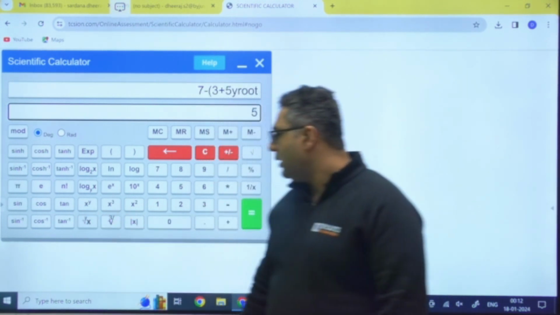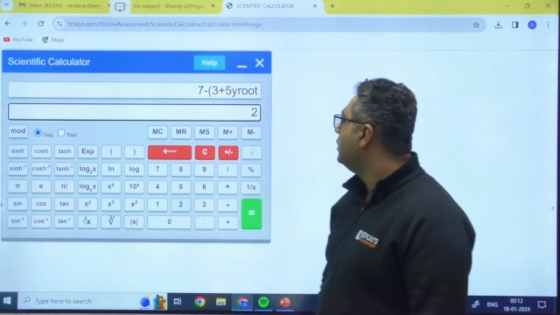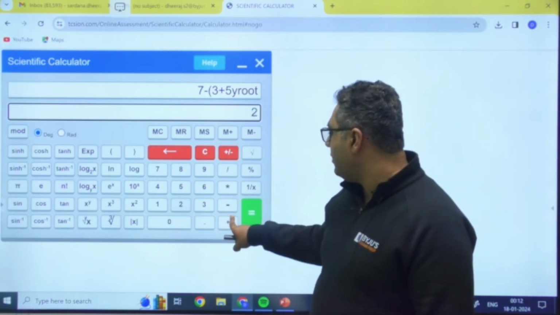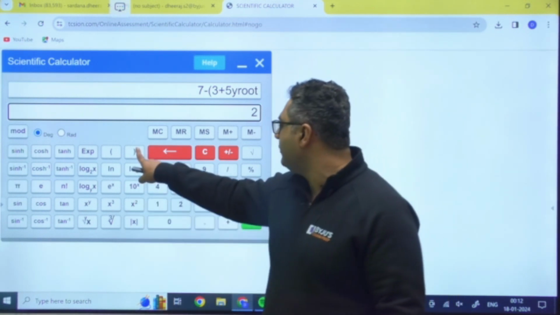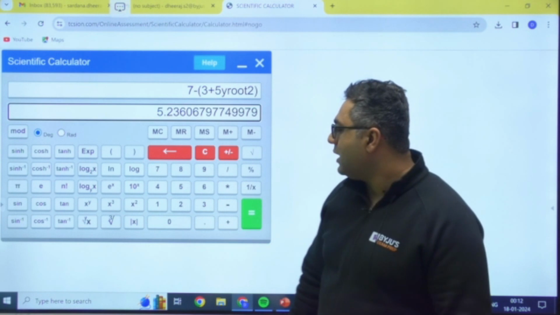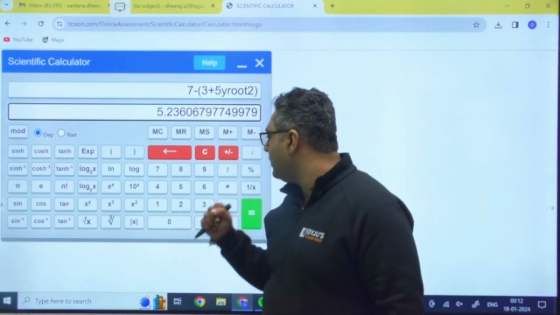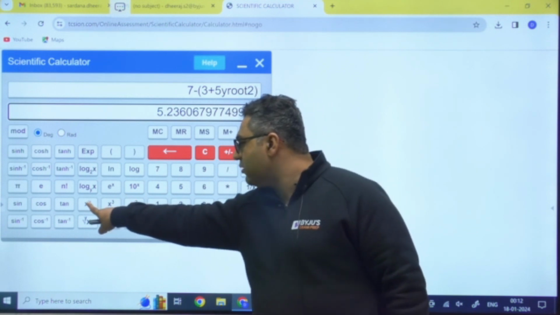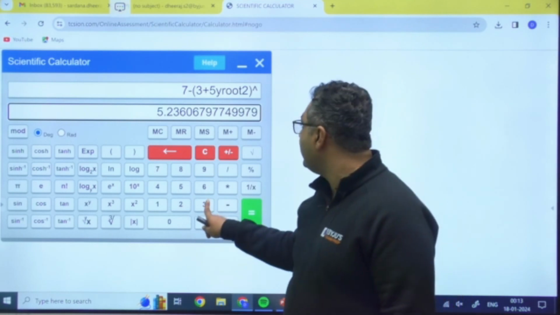It is a square root, so it would be 2, and then we would be having the bracket close. Then we go for x to the power y, and what power we want is power 3.